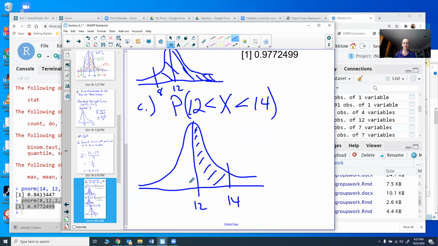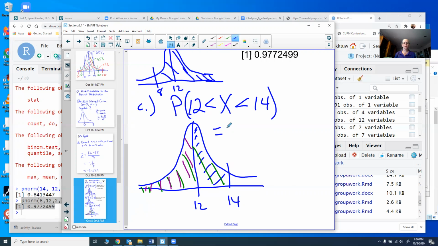Lower dot tail is true would give me all this area, but I don't want all that. I just want this part here. So I need to get rid of this part here. I need to subtract that off because I don't want it.